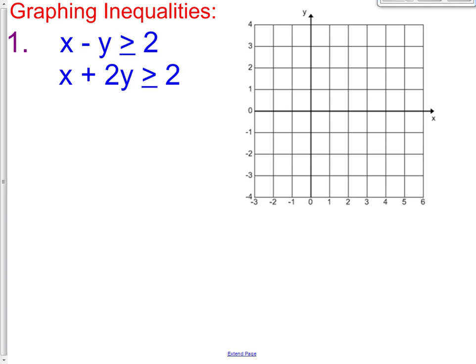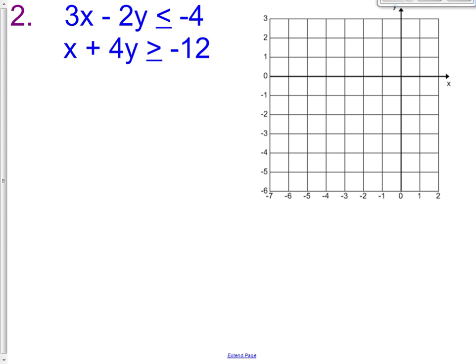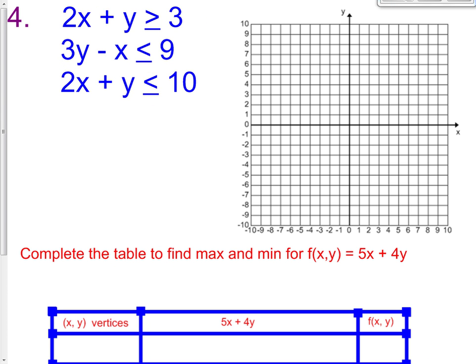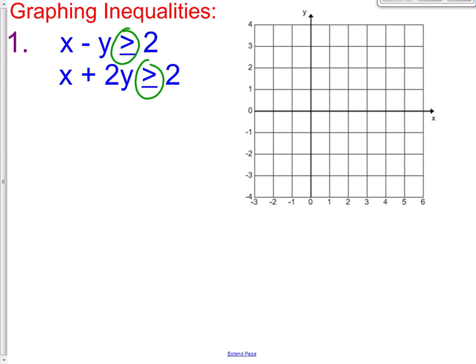I believe everything in this lesson is greater than or equal to or less than or equal to. As you can see, they're always greater than or equal to or less than or equal to. So we don't need to worry about dotted lines, but just if it ever comes up on an assignment or on a test, make sure you know that if it is greater than or less than, that you use a dotted line. But for all these ones, it's greater than or equal to or less than or equal to.